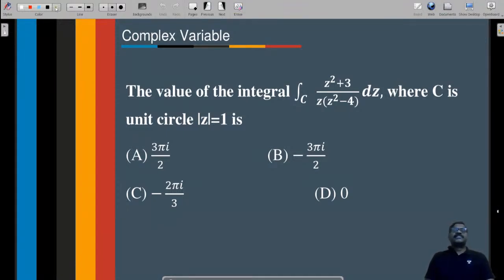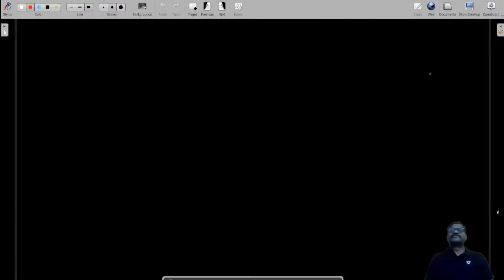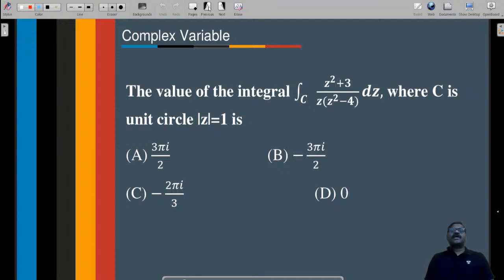Next, the value of the integral of z square plus 3 by z into z square minus 4, where C is the unit circle, mod z equal to 1. Identify the singular points.